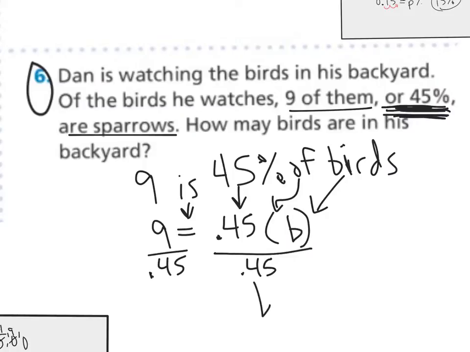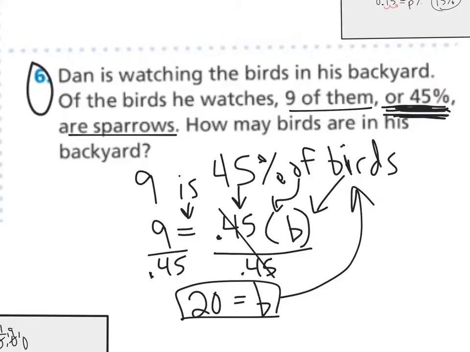And this is one of those situations where we're dividing by something less than 1, and so our number is actually going to get bigger. So dividing that out, we get 20. And again, we're saying now basically that 9 is 45% of 20. Seems very reasonable. A little less than half, so should be in good shape.